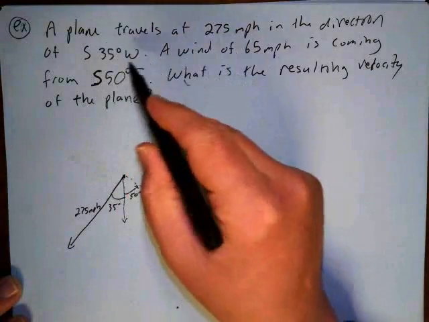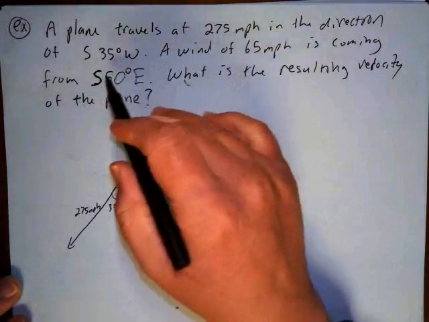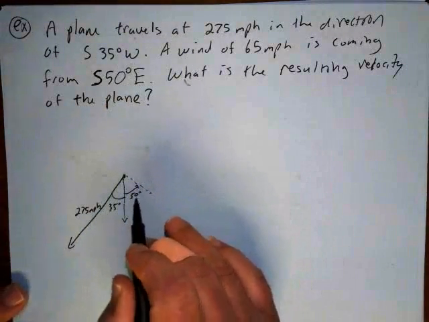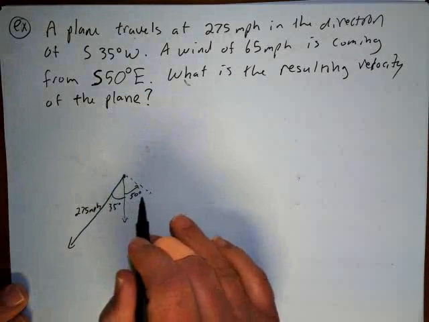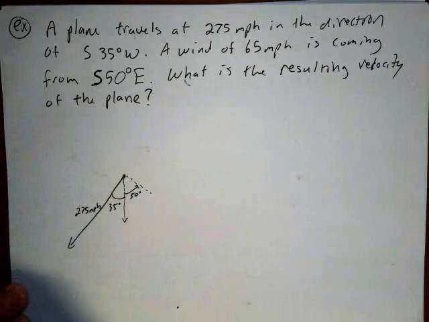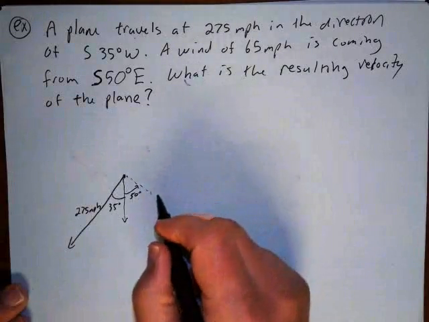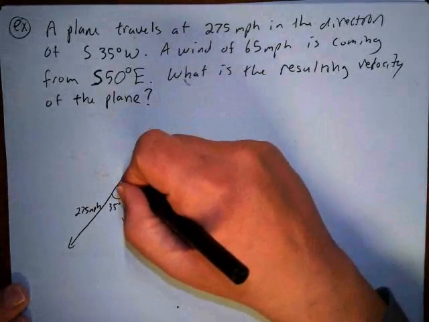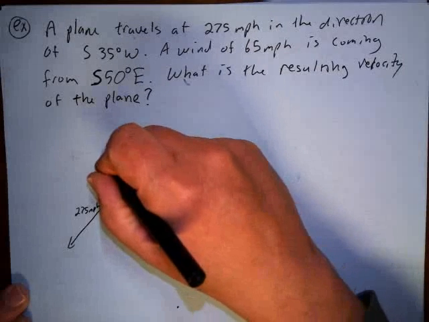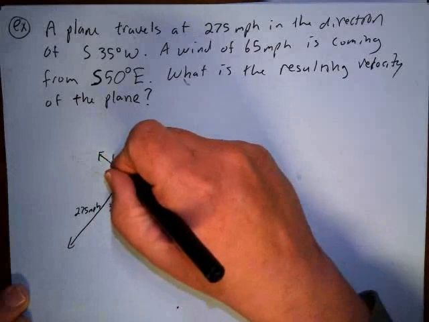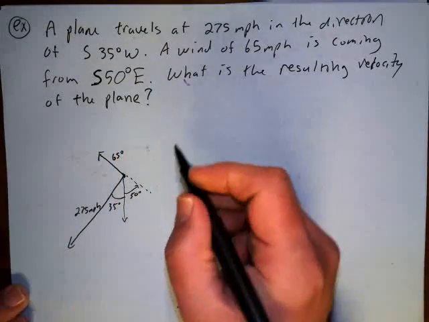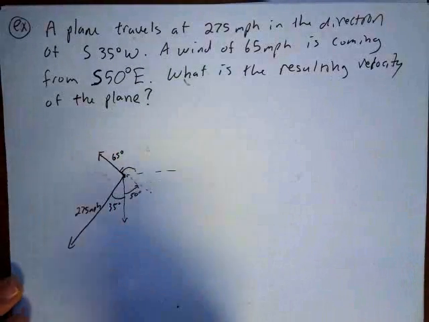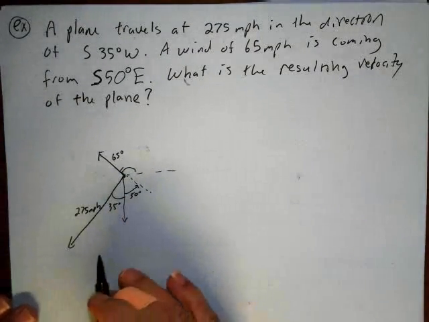It's weird when you use this, because normally this is almost the sort of notation that you use for change in position, kind of like the hiker problem we just did. But let's go with it. We're going to go this way, and it'll be 65. So it'll be a lot shorter, right? 65 degrees. Now what I need to know is I need to know these angles. So I got to know that angle.